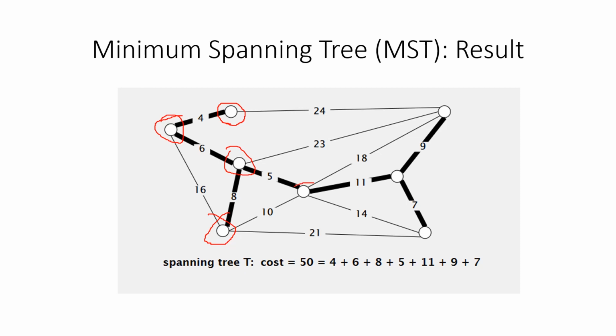There is no cycle, and it's connected, which means that from every vertex we can have a path to any other vertex. The total cost of this minimum spanning tree is 50. We got 50 by summing up all the edges that we have in this tree.